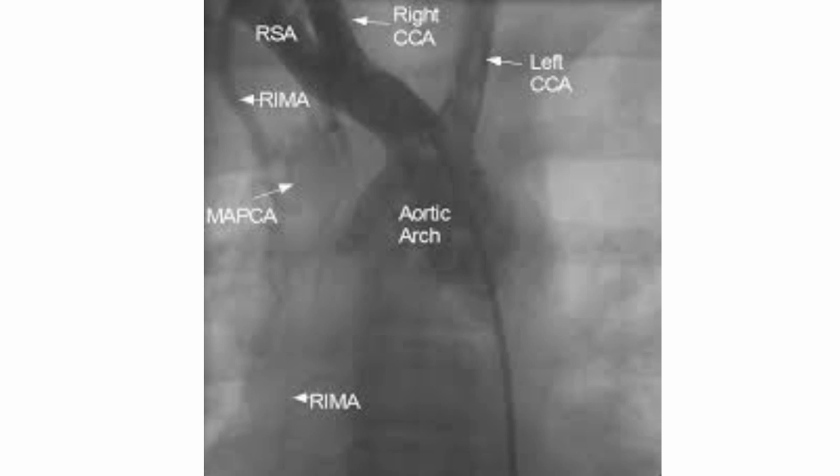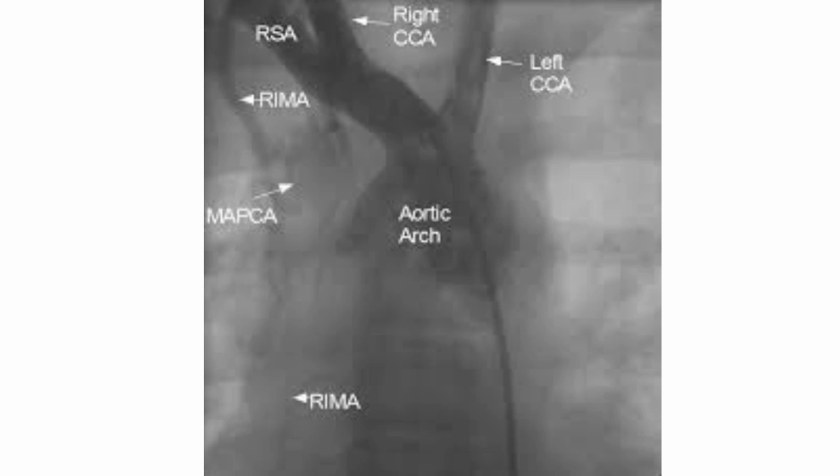MAPCAs are seen in severe forms of tetralogy of Fallot and pulmonary atresia. When the lungs are supplied by multiple MAPCAs, they are unifocalized prior to definitive surgical repair of tetralogy of Fallot. Connecting the distal end of MAPCAs to a single vessel is known as unifocalization.